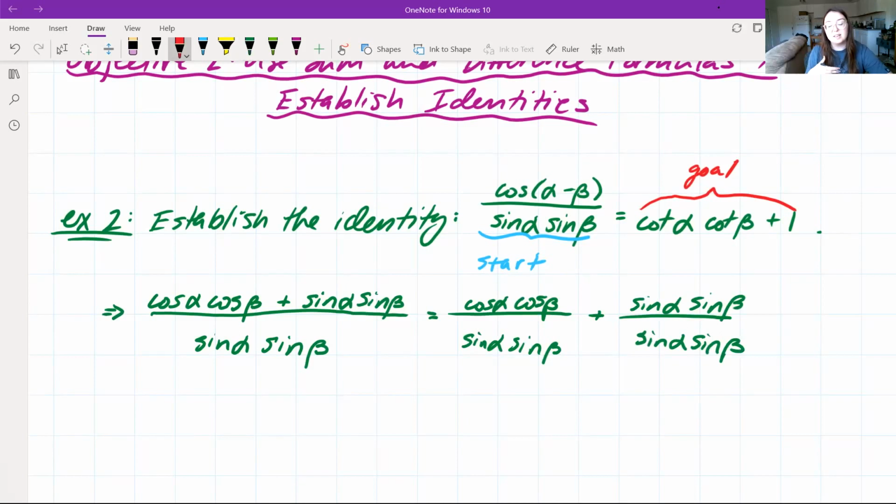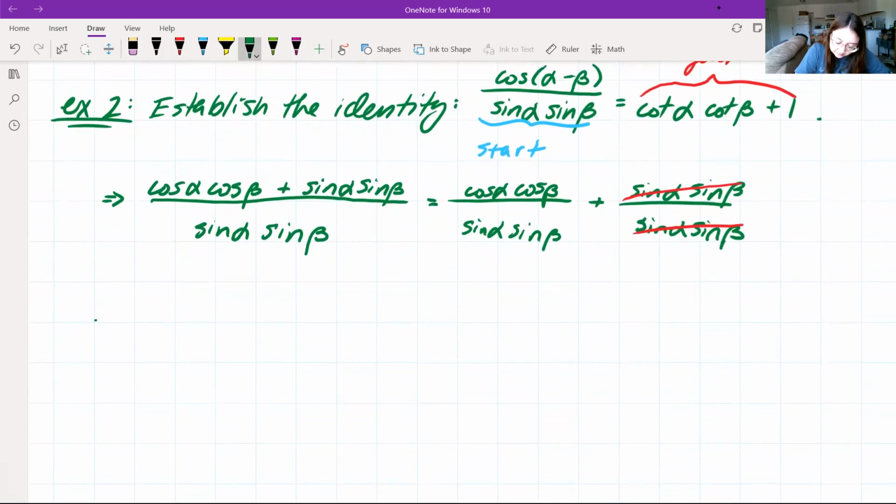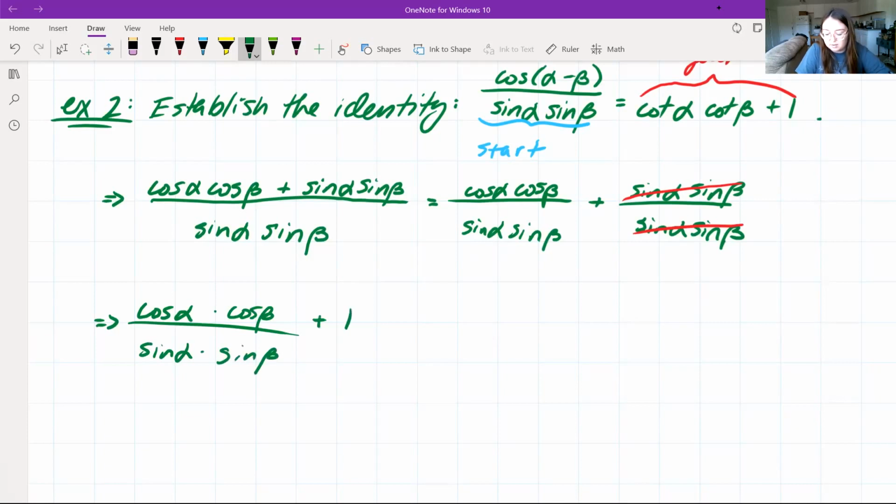Now we see that our right-hand term cancels out. And now we're left with cosine of alpha times cosine of beta divided by sine of alpha times sine of beta plus 1.